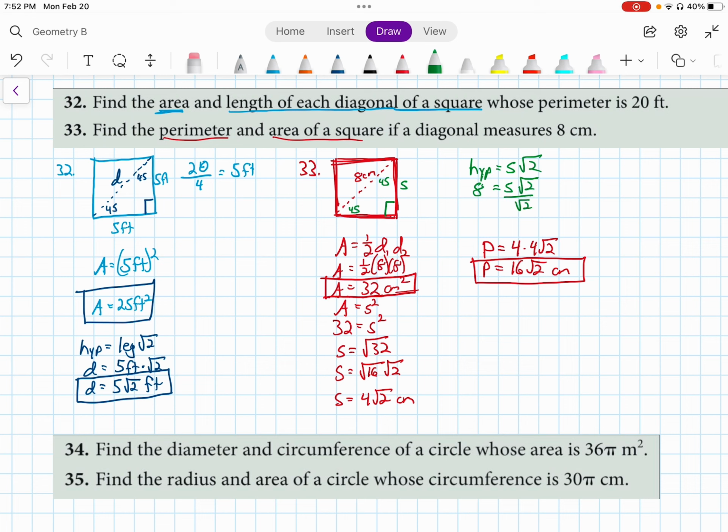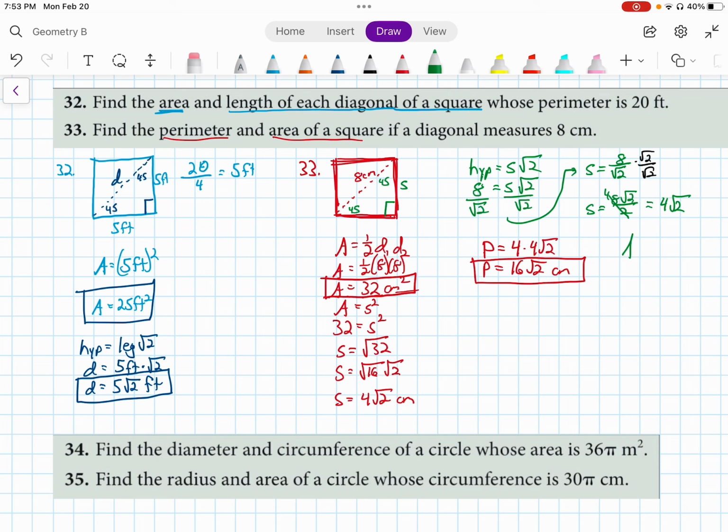Divide both sides by root 2, so we have s equals 8 over root 2. Having a square root in the denominator is not allowed, so you multiply top and bottom by the square root of 2 over the square root of 2. And we get s equals 8 root 2 over 2. These reduce, so a side length is 4 times the square root of 2.